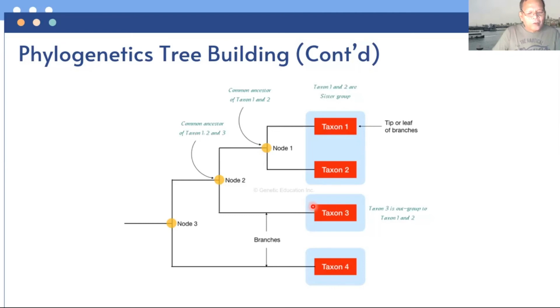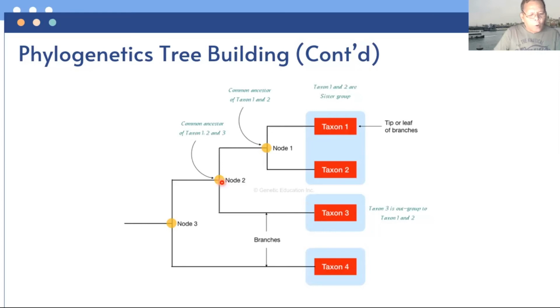From the above, we can say the organisms of taxon 1 and 2 are more similar in terms of phenotype and genetic sequence, while the organism of taxon 3 is not so similar because it is not on the same lineage or node. So all 3 are sharing the common ancestor on node 2.